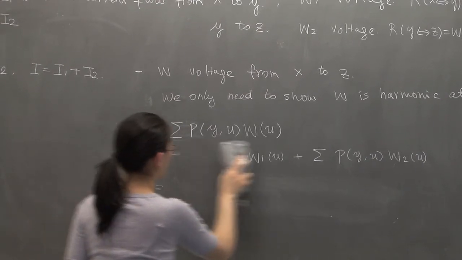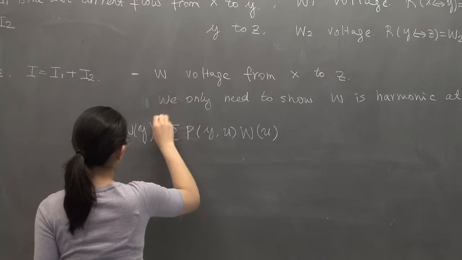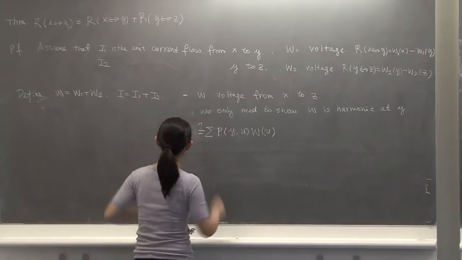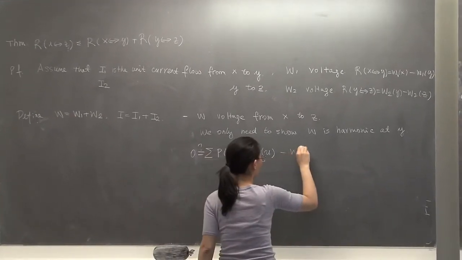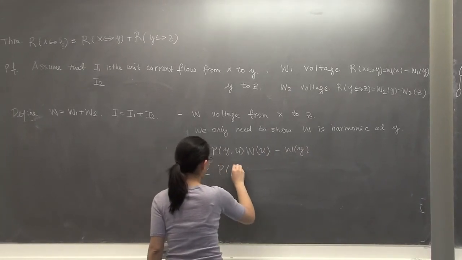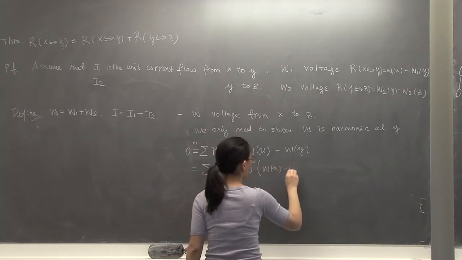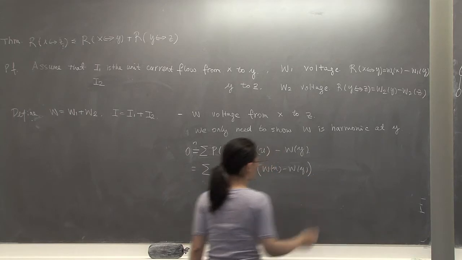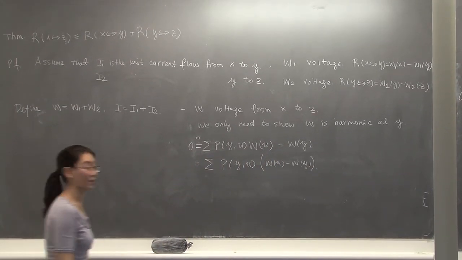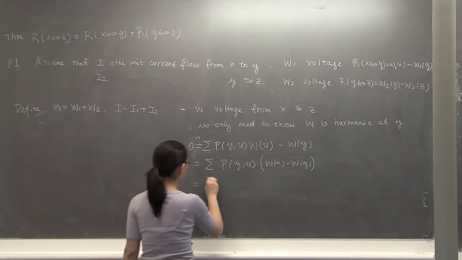So we want to show it is harmonic. So why does this equation hold? We subtract WY from both sides. So we want to show this expression equals 0. And for this expression, we plug in W1 and W2.